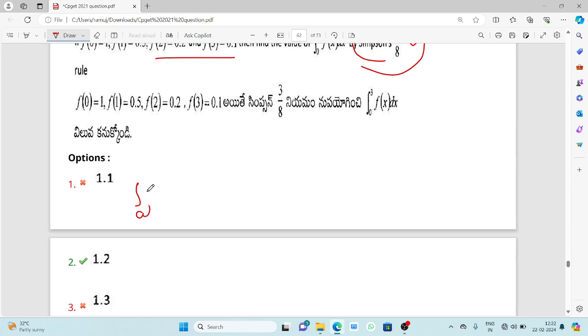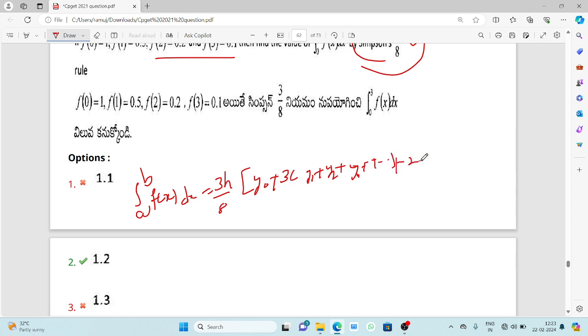The integral from a to b is 3h by 8 times y0 plus 3 times (y1 plus y2 and so on), where the multiples of 3 are not included here, plus 2 times the multiples of 3, plus yn.